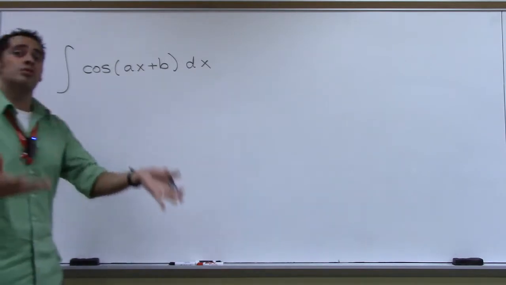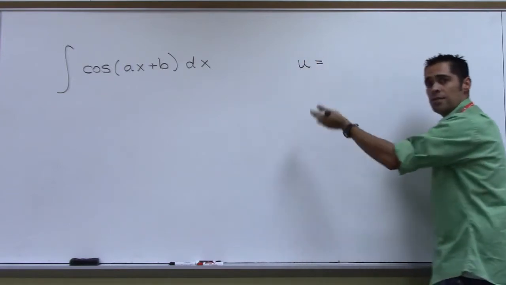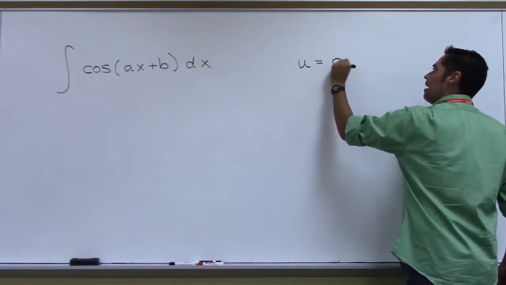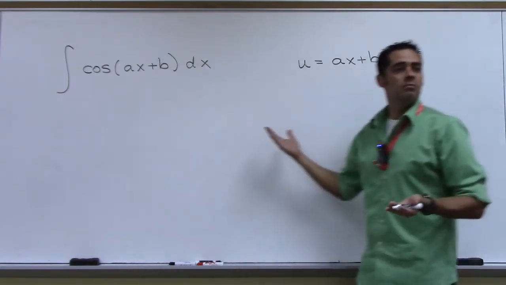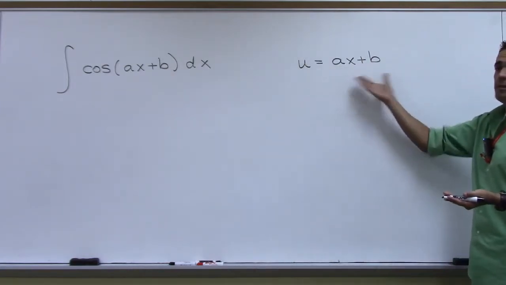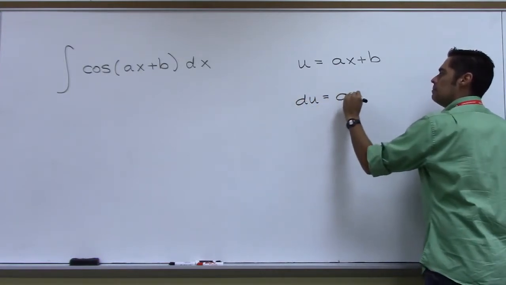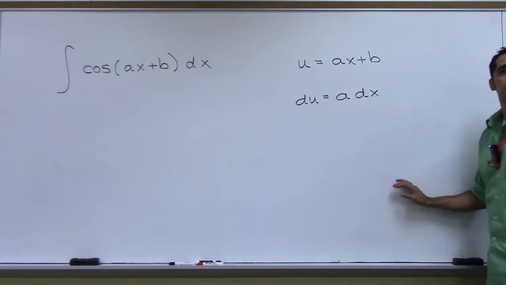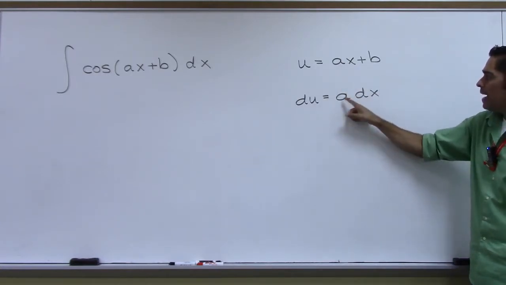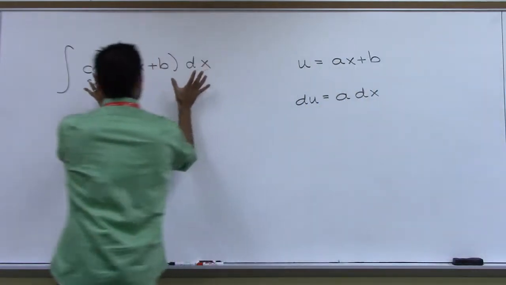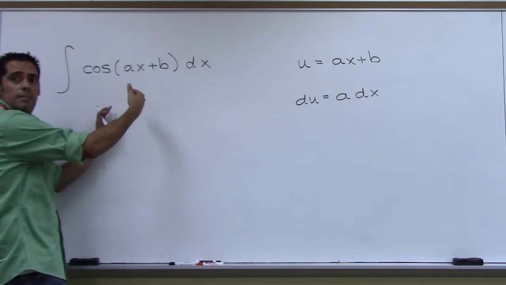So what we could do is start the problem off with a basic u substitution, and let the entire linear expression that's inside of the cosine be our u. What's the derivative of this? a dx, right? Just the number in front of x is our derivative. Do we have a dx in this expression? No, we just have the dx, right?